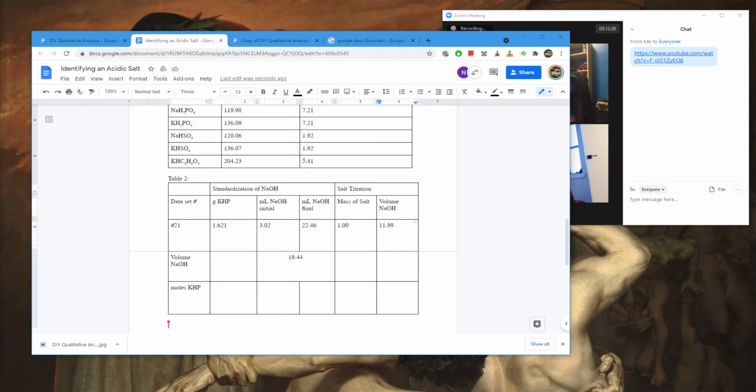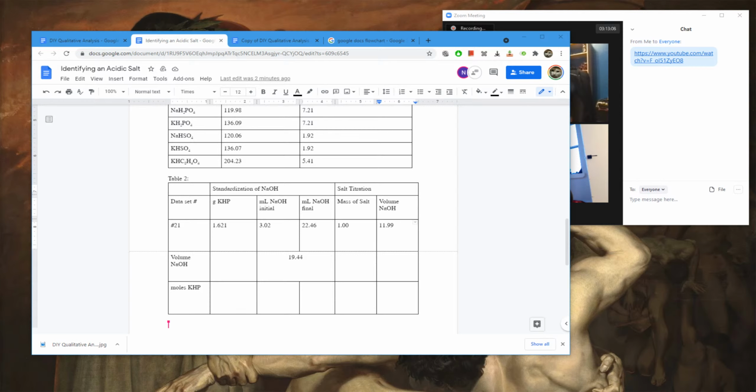Okay, moles of NaOH at equivalence point. Concentration is the moles of, so we find the moles of NaOH.